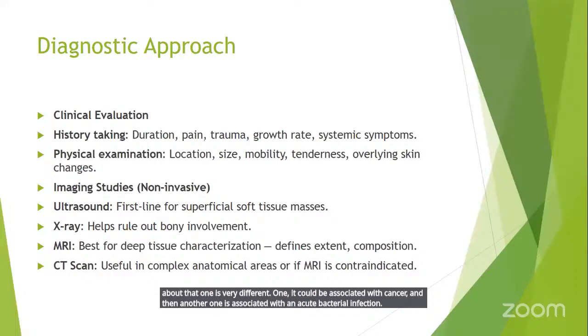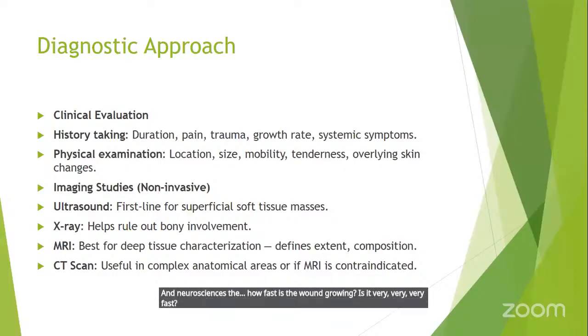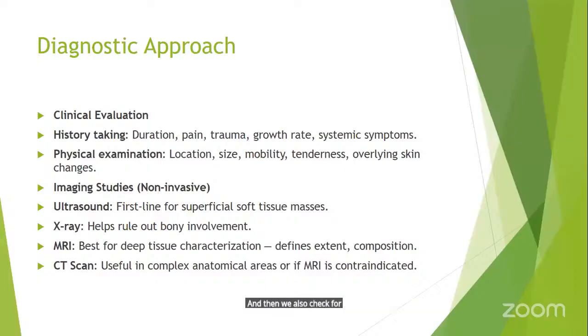So you have to learn to take history in terms of duration of the wound, whether there is pain or not, whether there was a history of trauma, and you also assess how fast the wound is growing. Is it very, very fast? And then you also check for systemic symptoms like lymphadenopathy and fever. It guides you on what else you should look for and what type of test to include in your differentials.